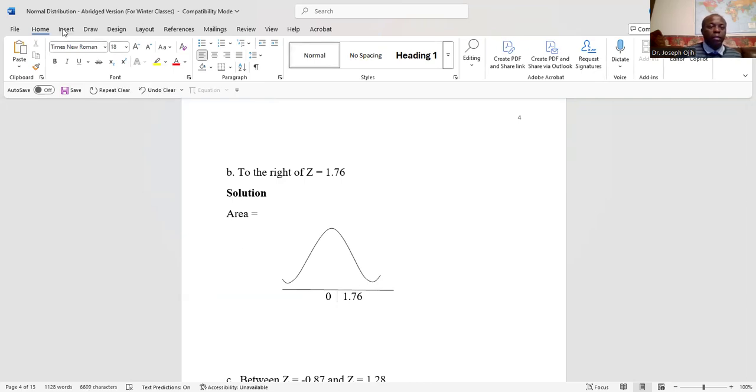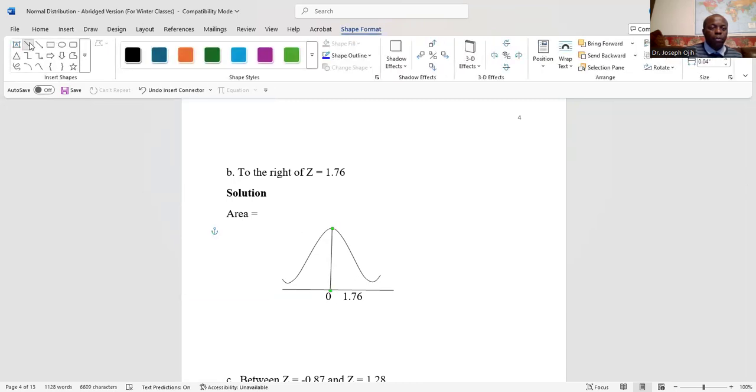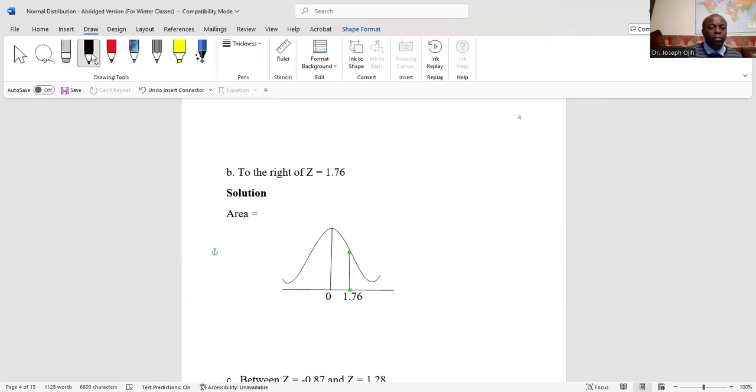You can put a center line. Then put a line for 1.76 here. And they say to the right of it. This is the right side of it, so you're going to shade the right side of it.